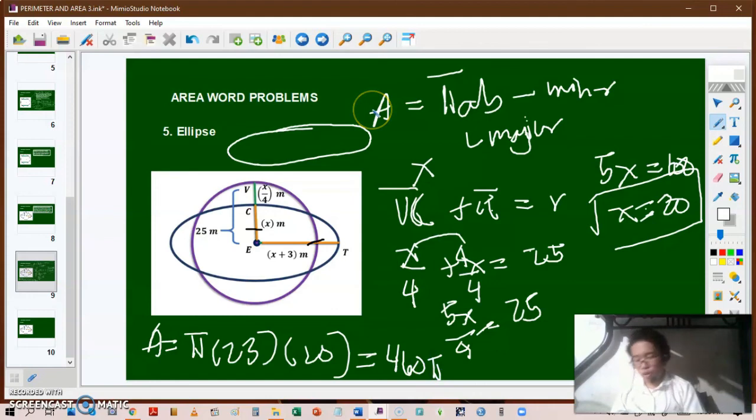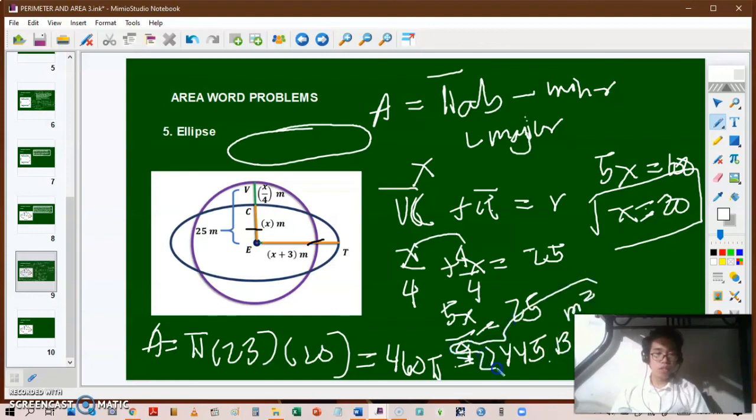And if you want to transform that into a decimal, that's going to be 1445.13 meters squared. So this is the area for the ellipse. The area of the ellipse is 1445.13 meters squared, or 460 pi meters squared.